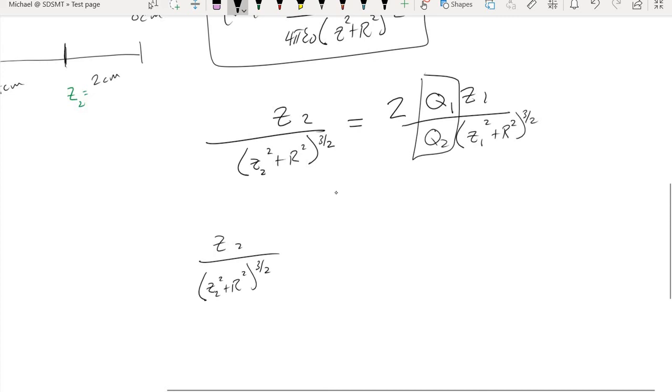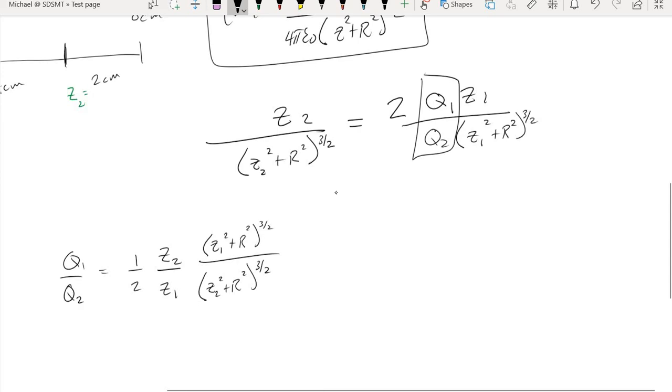And then I need to start moving everything from the right side over. I'm going to divide by Z1. I'll bring that Z2 over here. I will need to multiply by the Z1 squared plus R squared to the 3/2 power, so that's going to come up to the numerator, and then I'll have to divide over by the 2.